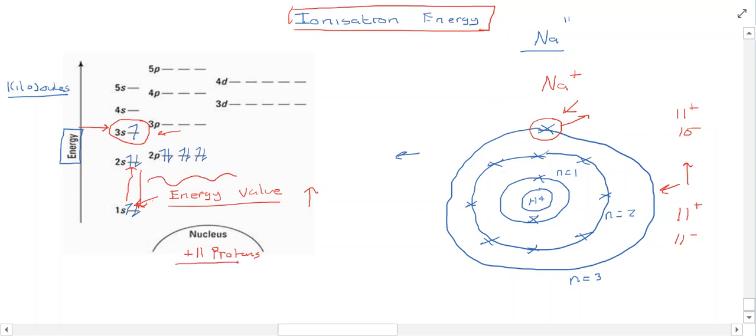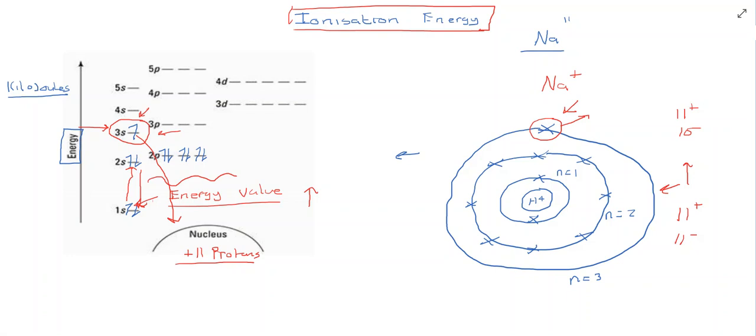These 11 protons are exerting a force on this electron here, pulling the electron and keeping it in place. So in order to pull this electron away, you're going to have to exert a certain amount of energy. And this is what's known as the ionization energy.